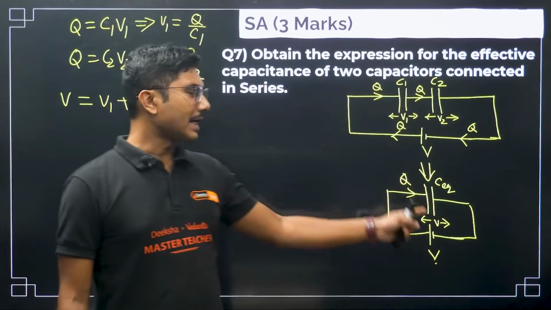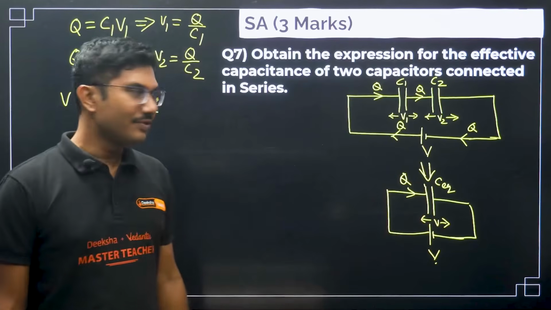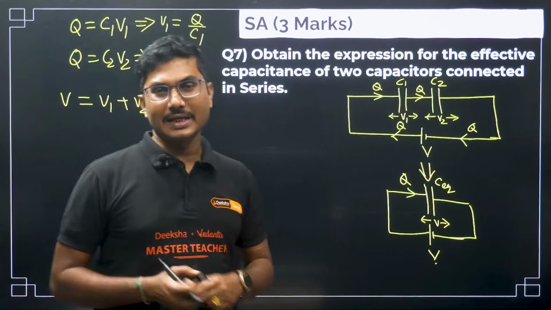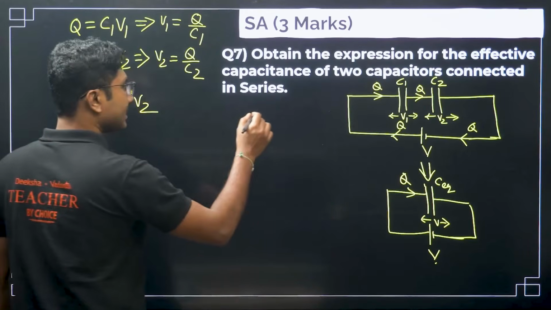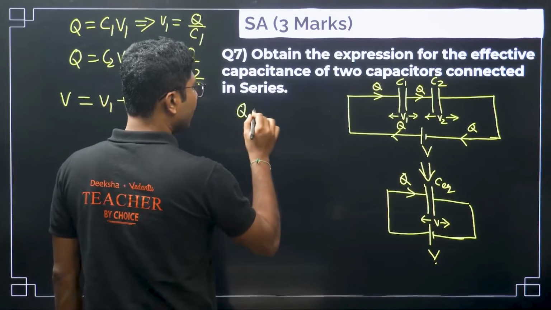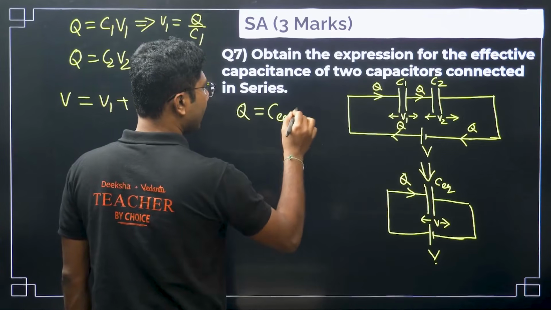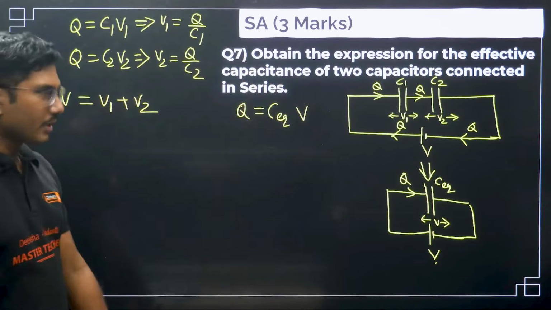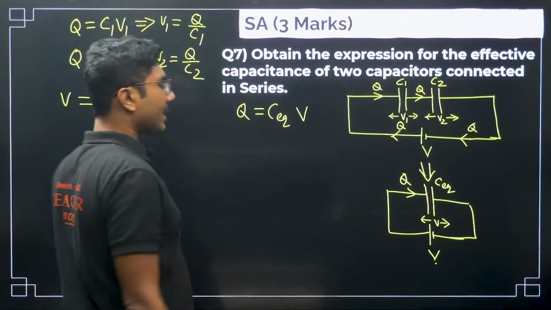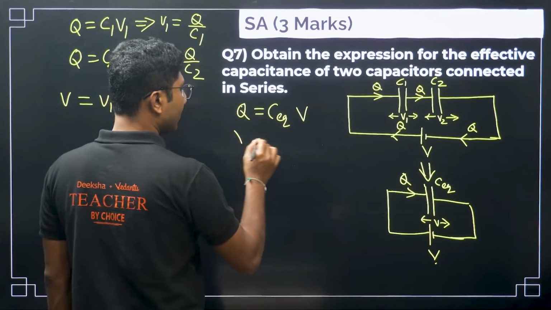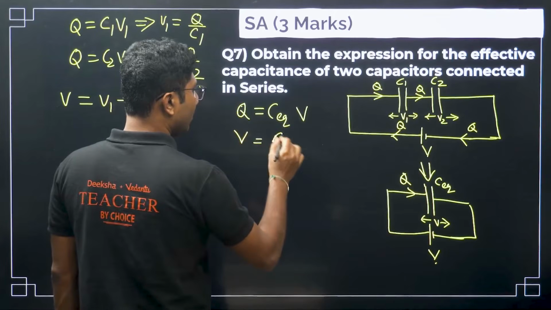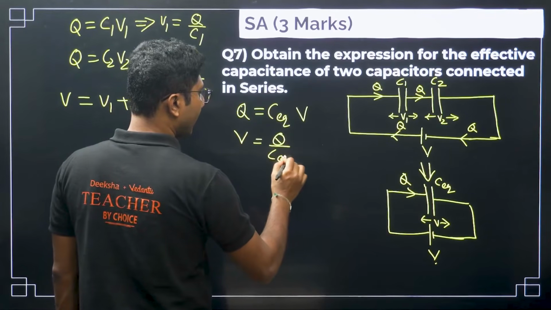So the voltage across this capacitance will be V and the charge will remain the same, which is Q. So for the equivalent capacitor we can write Q equals C equivalent into V, or V equals Q by C equivalent.